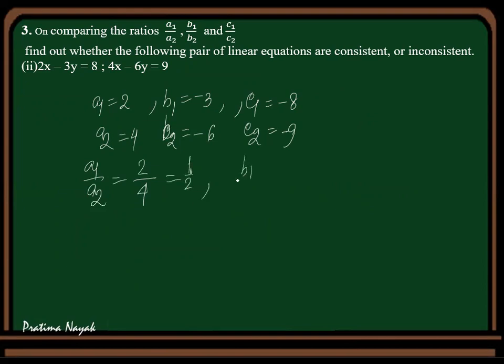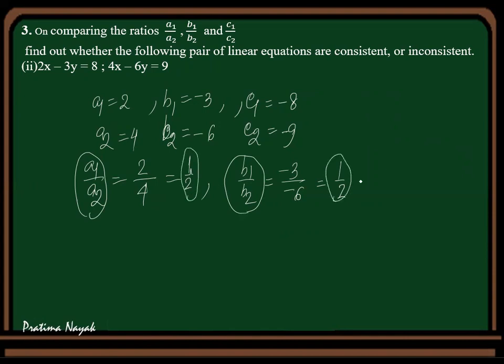And b1 by b2 is equal to minus 3 by minus 6, that is again 1 by 2. So these two are equal. a1 by a2 is equal to b1 by b2, both are equal to half. But c1 by c2 is equal to 8 by 9, which is not equal. So a1 by a2 is equal to b1 by b2, but not equal to c1 by c2.